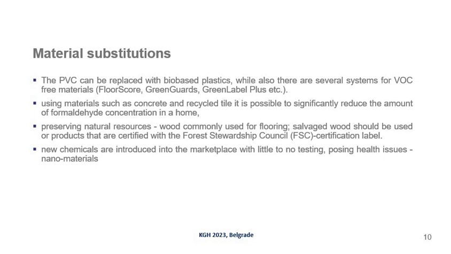We can also use salvaged, reused wood, for products which are certified with the Forest Stewardship Council certification label. However, another issue is that new chemicals are introduced into the marketplace with little to no testing, which pose health issues.